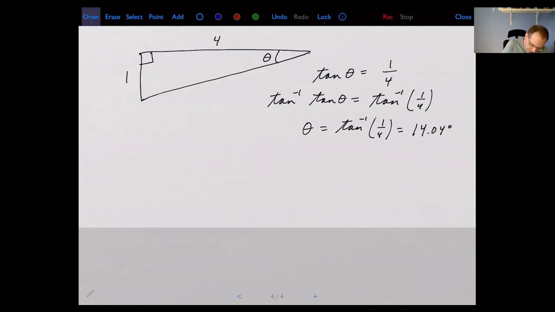If I were to draw this out, let me draw out E2. It's in the third quadrant. It looks something like this. We know that this angle is 14.04 degrees. This is my E2, and I really want to find its components, to write it in vector form. If I project onto the x-axis, this distance is E2x. If I project onto the y-axis, this is going to be E2y.